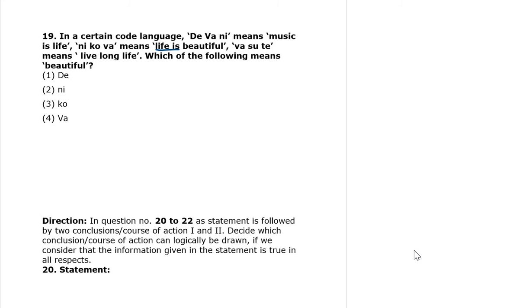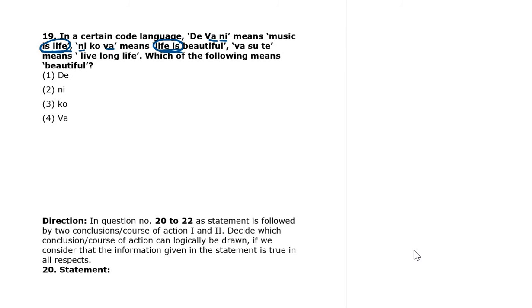Two words are common, is and life. So two codes should be common, right? So which two codes are common?